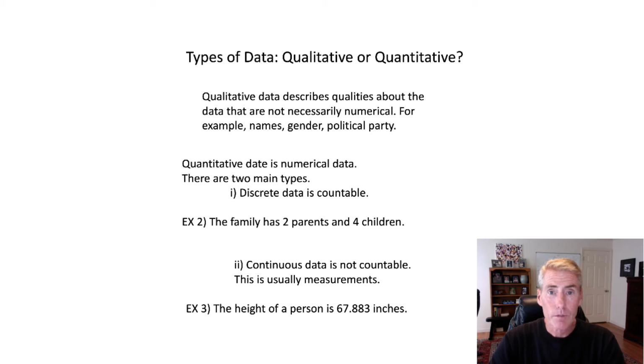What about the amount of flour? Usually we measure it in 1 cup or 2 cups, but if you get a scale and measure it in grams, you could be using 67.833 or 883 grams of flour. So the eggs are discrete, and the flour is continuous data.